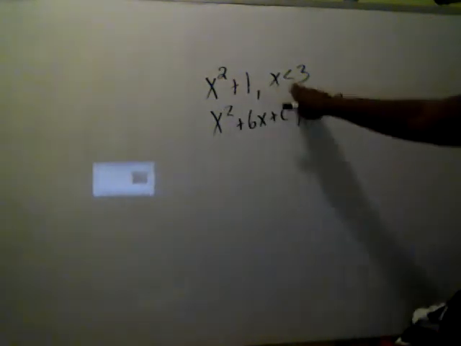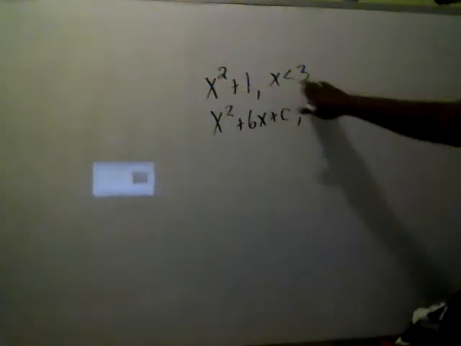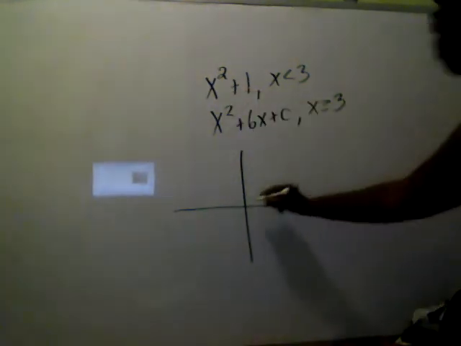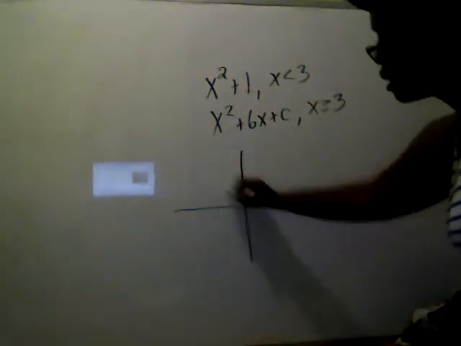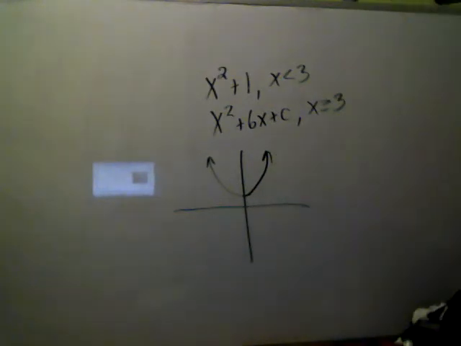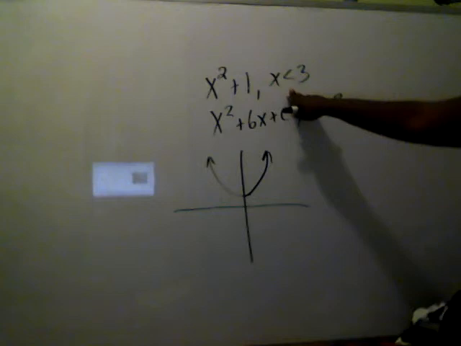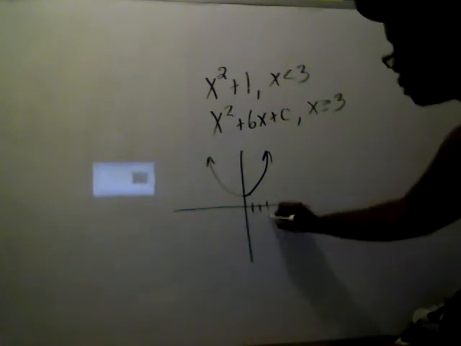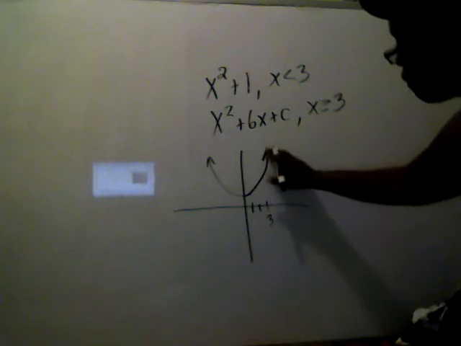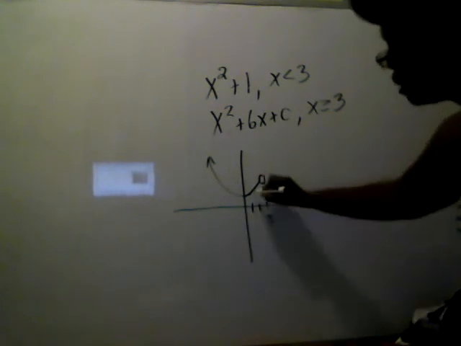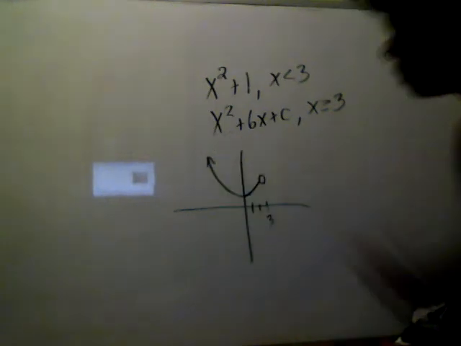If I look at the top equation, since we have all the information we need, if I were to graph that, this is a parabola that's up 1, so it probably looks something like this. The only issue is we only want this equation for everything less than 3. So let's call this 3 right here. So if I go back and modify it, we have a big open circle at 3, and then the rest of the curve.